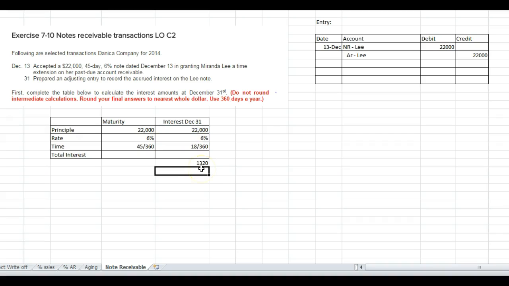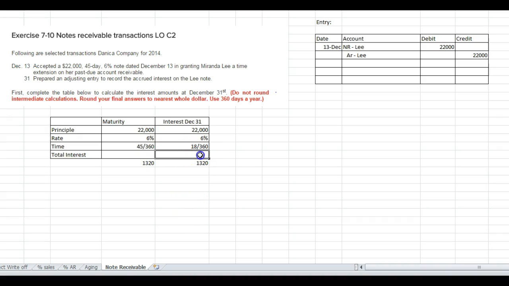Okay, if she were to have this loan for a full year, it would be $1,300.20 in interest. She's only going to have it for 45 days, and we're only going to have it for 18 days as of December 31st. But I'm closing the books, and I have to do adjustments, okay?